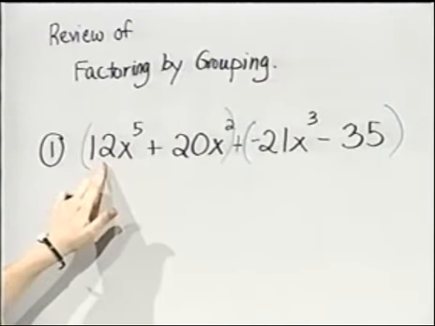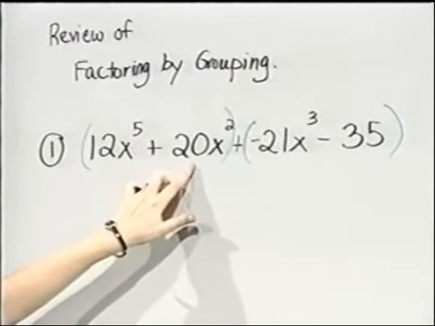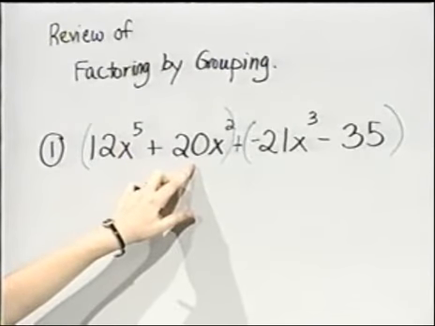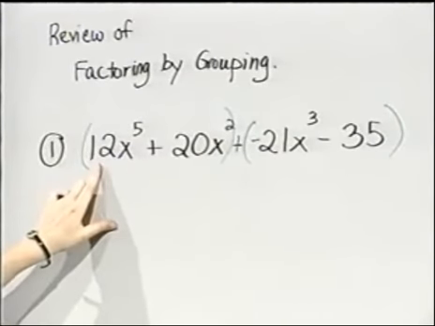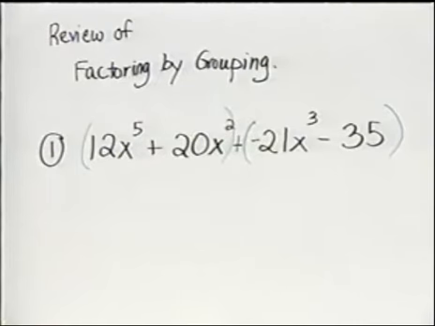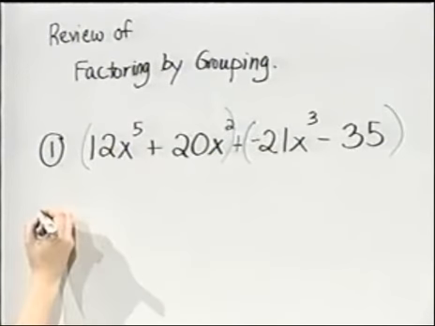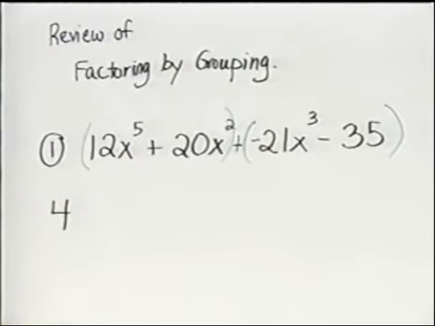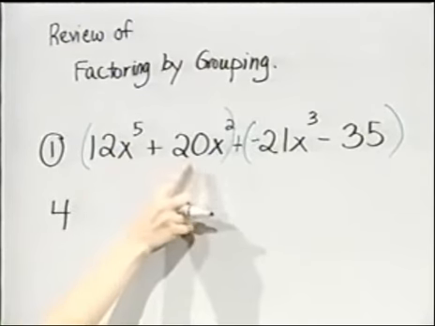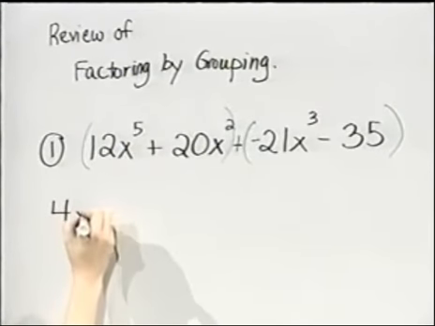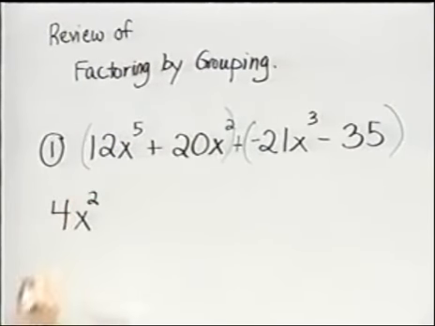After you group, the next step is to factor out the greatest common factor from each pair. So if you look here at the first pair, what's the greatest common factor you can take out? From the numbers, the greatest number that you can remove is the number 4. And as far as the variables go, you can take an x squared out.